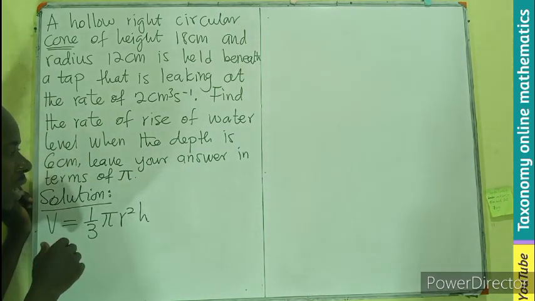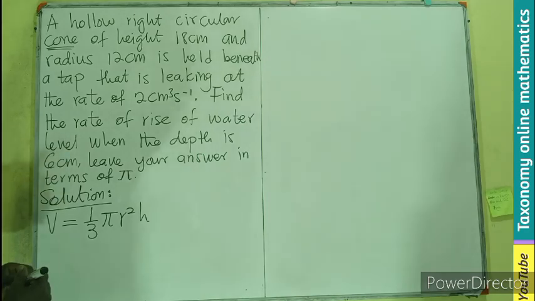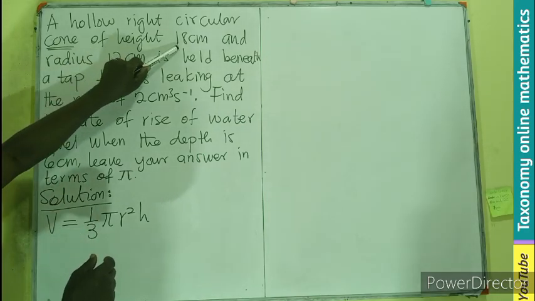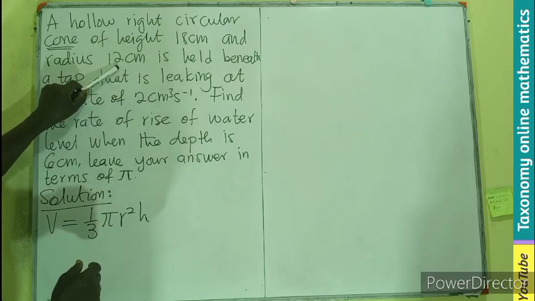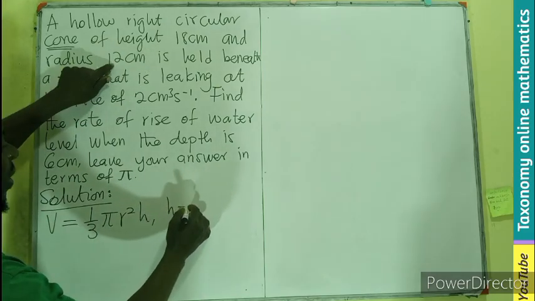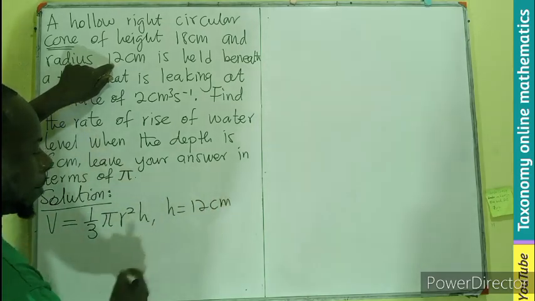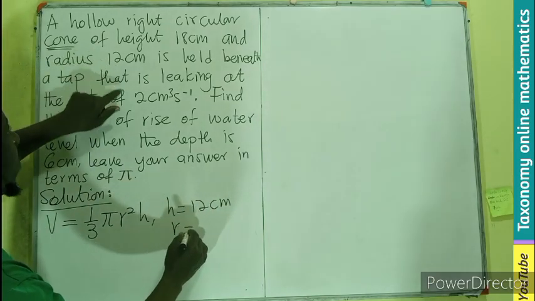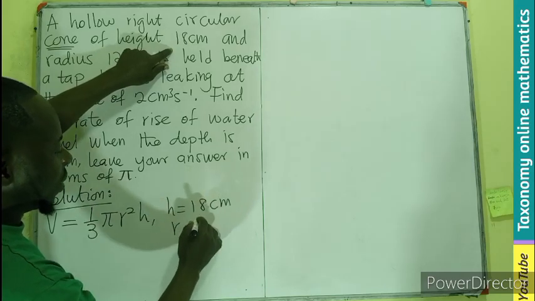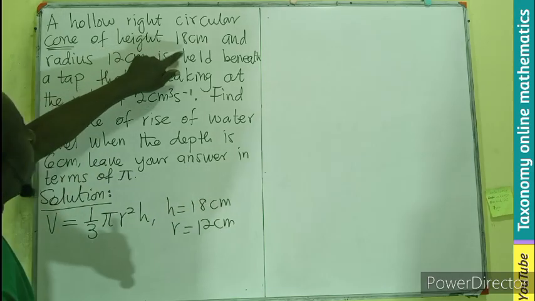But if you go back into the question again, let's find out the things given to us. The height is given, the radius is given. The height is 18, then the radius is 12 centimeter.